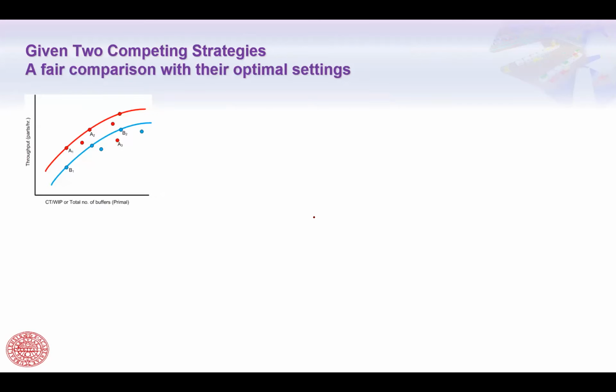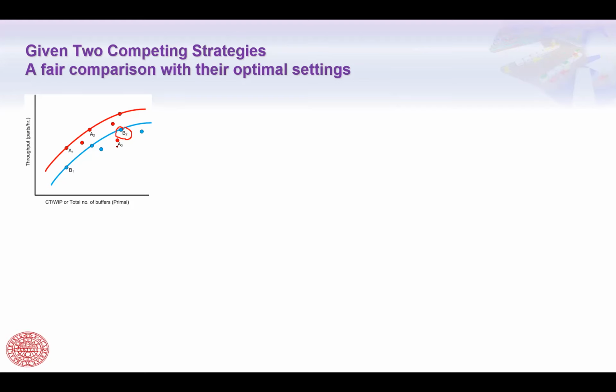And then I have some discussions about this comparing strategy. If you compare B and A here, you may say that B and A are non-dominated with each other, because B is good in the throughput, but it's not very good compared to A in terms of the buffer.